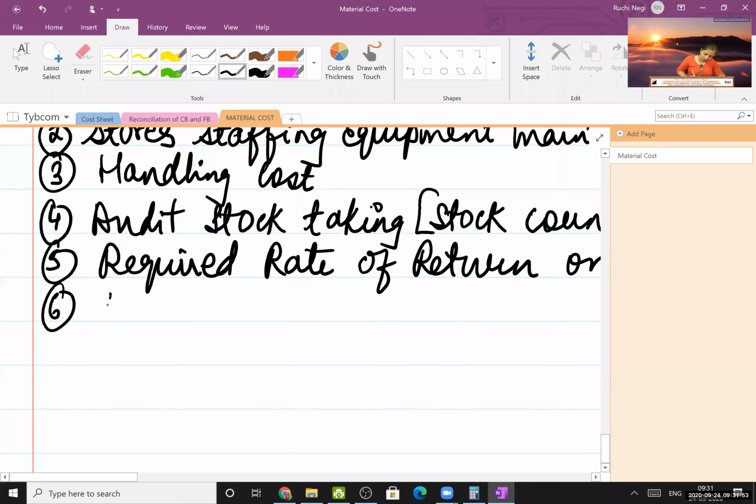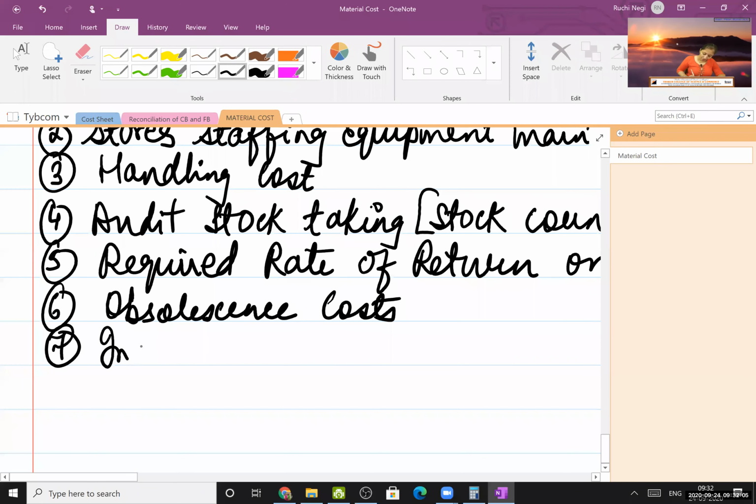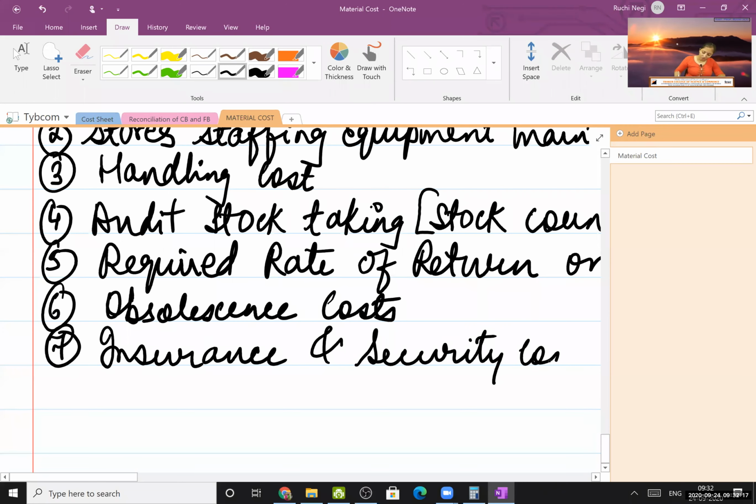Then outdated cost, that is obsolescence, that is a loss, that is also covered. Insurance, insurance of what? Of the warehouse. Insurance and security cost. Okay, insurance of material would go to order cost.